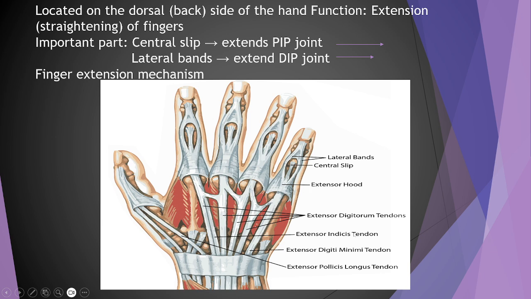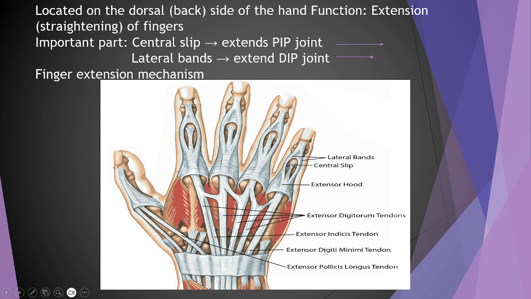And in the extensor tendon, the important parts are the central slip and the lateral band. The central slip extends the PIP joint, that is the proximal interphalangeal joint, and the lateral band extends the DIP joint, that is the distal interphalangeal joint.